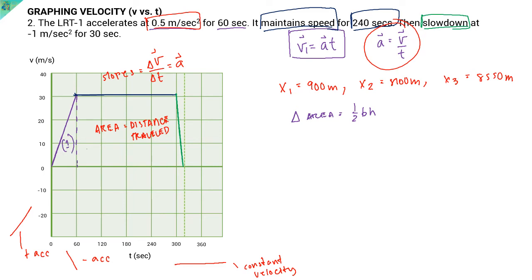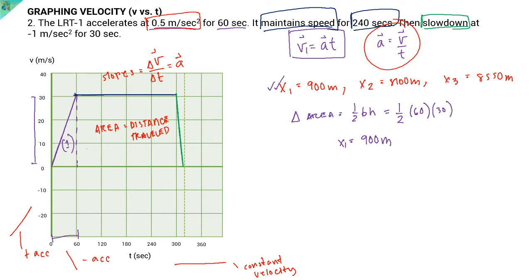So 1/2 base times height, that would give us 1/2. And what is the base of this triangle? The base of this triangle is the time it took for that to happen, and that is 60. And the height is, of course, the velocity. So that would give us 30. Okay, so if you plug that in your calculator, 60 multiplied by 30 and then 1/2 is equal to x1 is equal to 900 meters. And that matches our previous solving.